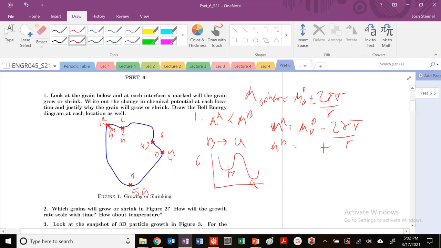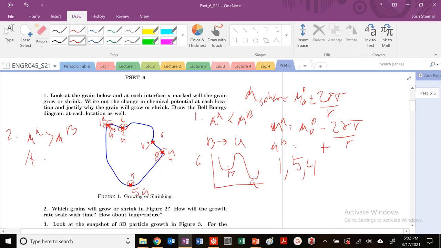And that would be the same for this whole discussion, 1, 5, and 4, those are all the same. This same expression holds all the way there. For 2 and 3, it's the opposite. For example, at 2, the chemical potential of A is greater than the chemical potential of B, so everything flips.